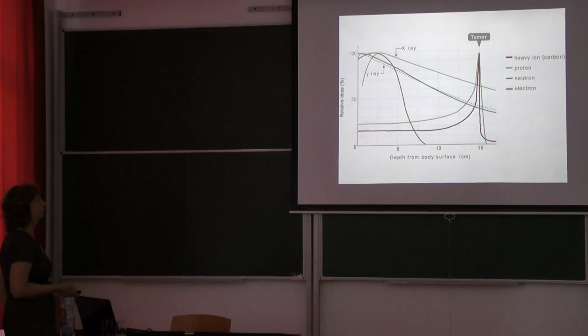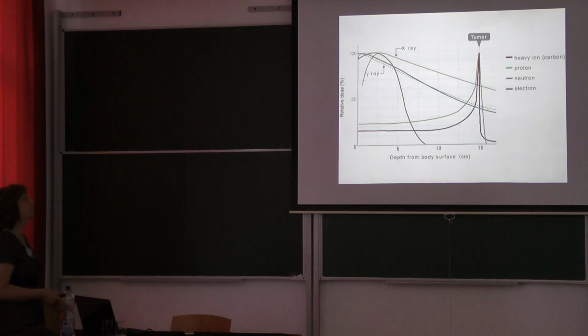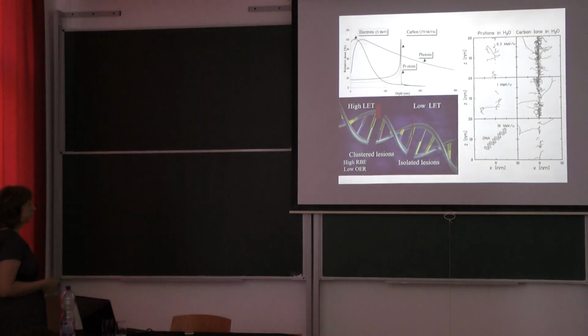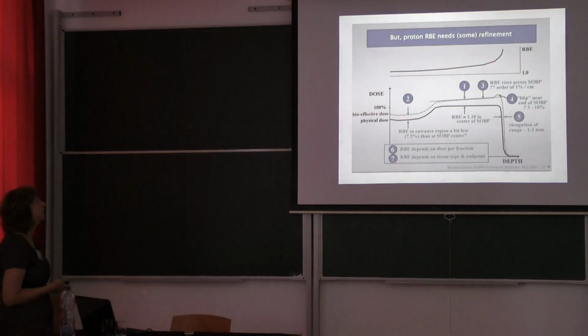To remind you, it is a very nice dose depth curve depending on the Bragg peak position from the energy, and you can see it in comparison to the dose depth curves of electron, X-ray, gamma ray and neutron. And again, reminding you that the carbon ions have much more ionizing properties.